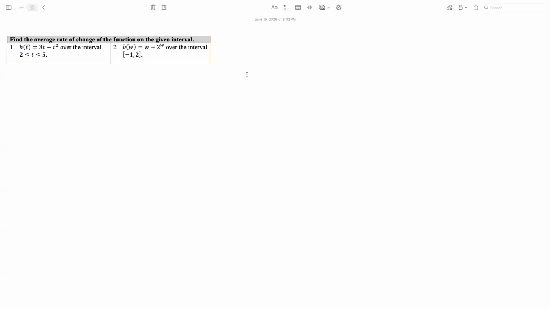The x value is t here. The second one is minus 1 and 2. Let me know guys once you're done.